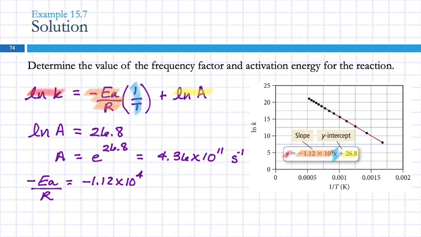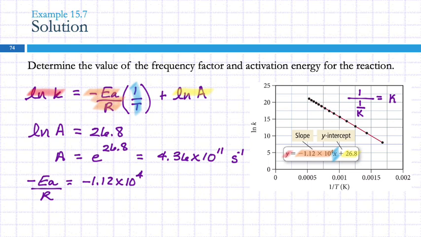Well, the slope is the rise over the run, right? The change in y divided by the change in x. Well, the change in y has no units. And the change in x, that's 1 over Kelvin. So the slope has units of Kelvin.